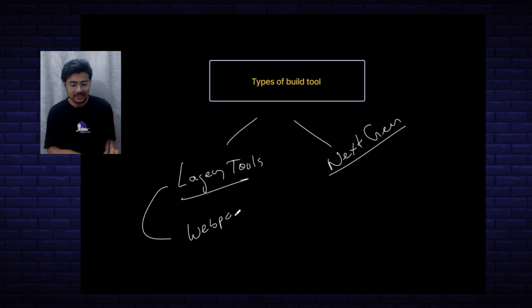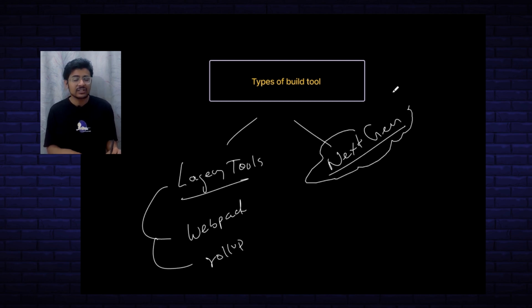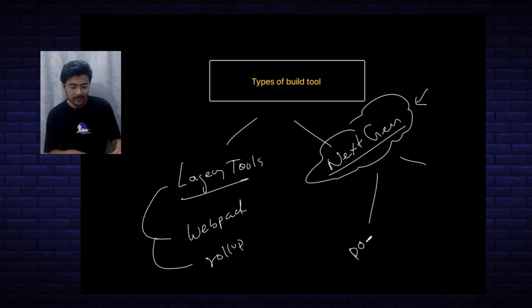So Webpack is an example of that, and one more example is Rollup. And next gen tools are recent tools, and why are they called next gen? Because they can adopt new technology. If there is any new technology that is evolving, they can add those features easily. I love these tools. An example of this is Parcel.